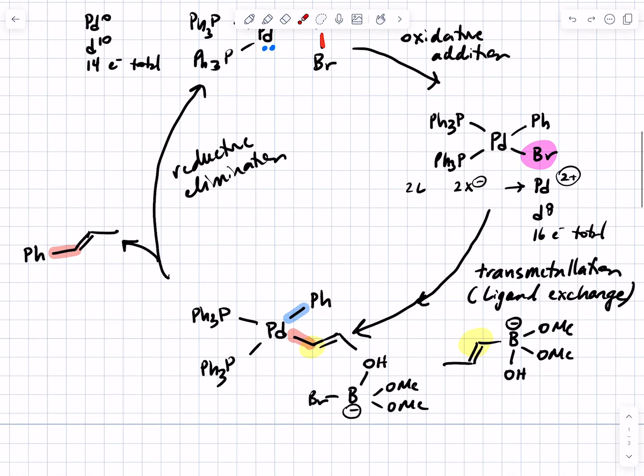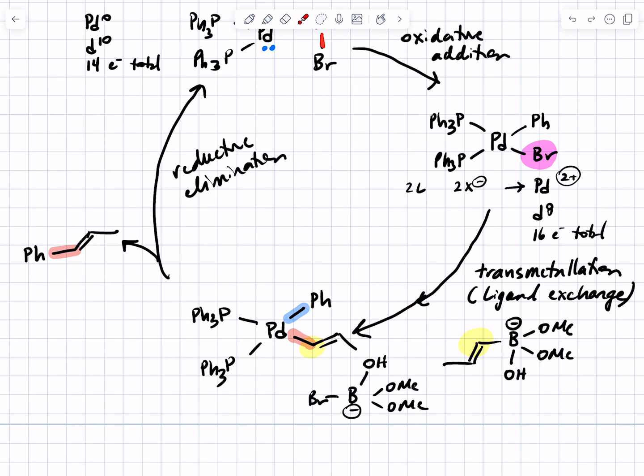Then you get what's called transmetallation, and this is a step that we're not worrying about in any mechanistic detail. We're not even thinking about arrows. All we're saying is the bromo gets swapped out for the carbon that's attached to the boron, and the stereochemistry of that connection gets preserved.